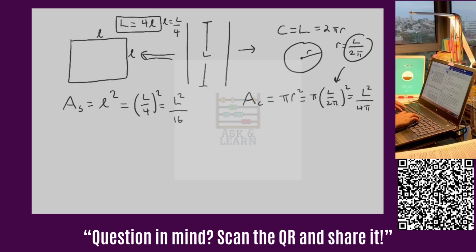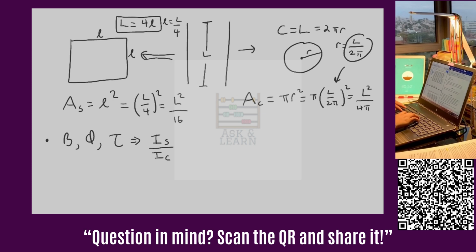Now, the nice thing about this problem is that the two different loops are in the same magnetic field at the same orientation, experiencing the same torque. So we have the same magnetic field, the same orientation, the same torque experienced, and we're trying to find the ratio of the current flowing through the square loop to the current flowing through the circular loop.